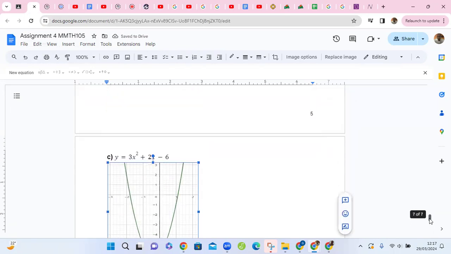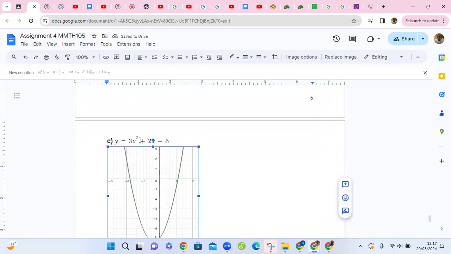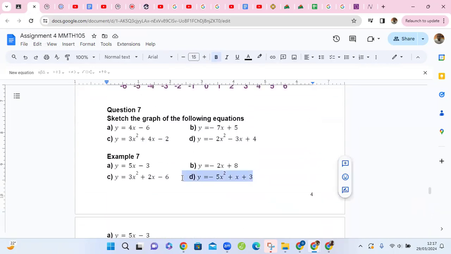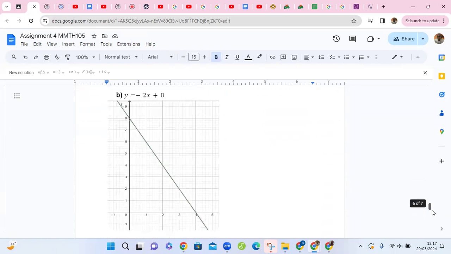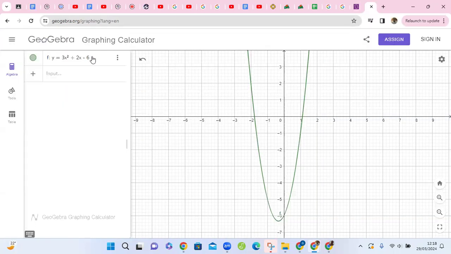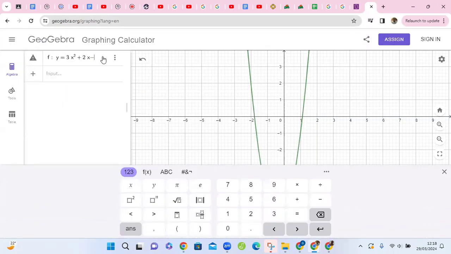So here we have a U-shaped parabola, because the coefficient of x squared is positive. I purposefully made the next one with a negative coefficient of x squared, so that we get the other shape of the parabola, which is an N shape: minus 5x squared plus x plus 3.